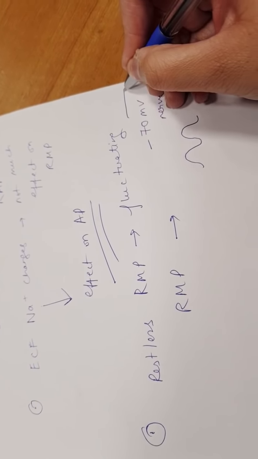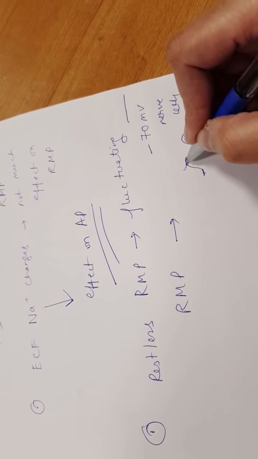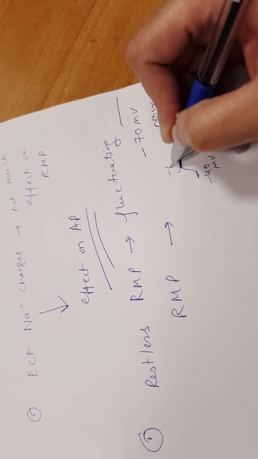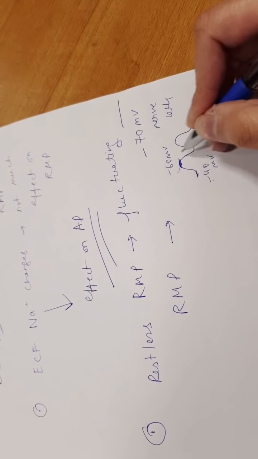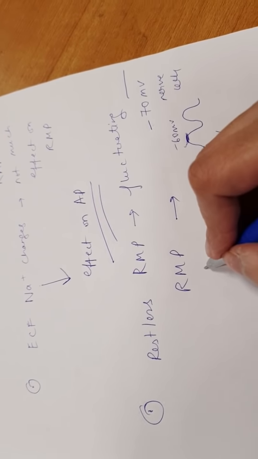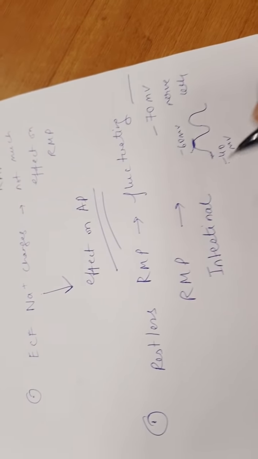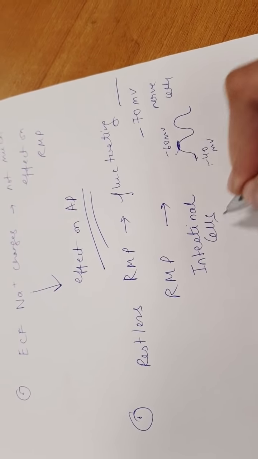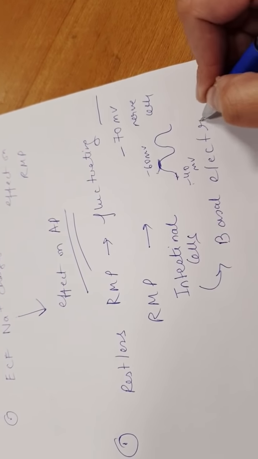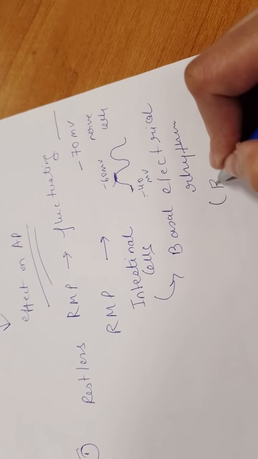Here we see RMP fluctuates, here minus 40 millivolt, here minus 60 millivolt. This is known as fluctuating RMP or restless RMP. This is found in intestinal cells. You will be taught about this in much more detail later. Okay, and development of basal electrical rhythm, BER.